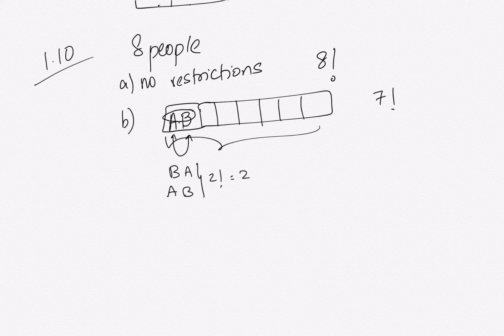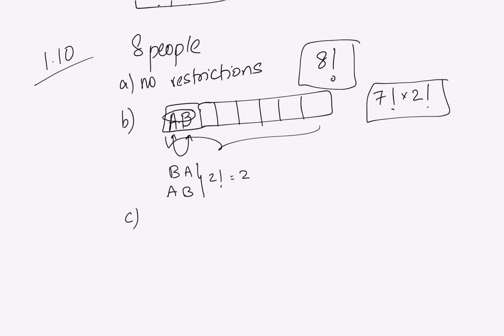So for each of the 7 factorial ways, A and B could switch around. So what you need to do is first arrange all of the 7 units or 7 people, and then go to A and B and have them switch around, and that would be 2 factorial. So the answer is 7 factorial times 2 factorial. Okay? All right, and the same logic would hold if more people needed to be seated together.